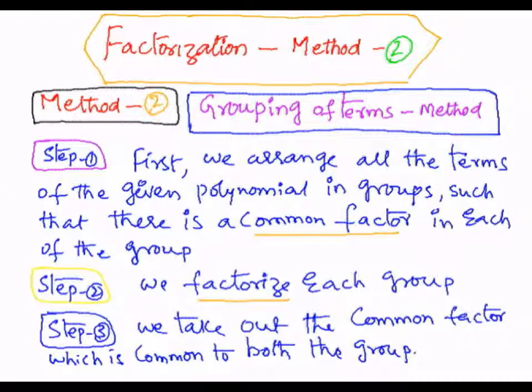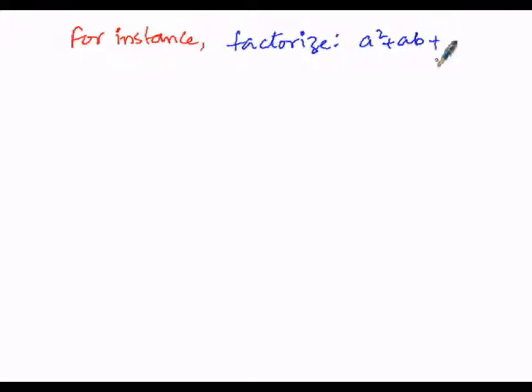So in this method, let us perform one example. For instance, let us factorize the given expression: factorize the polynomial that is a square plus ab plus bc plus ca.